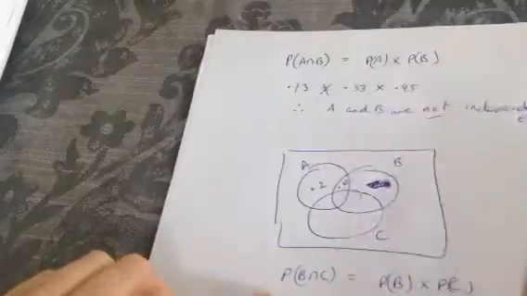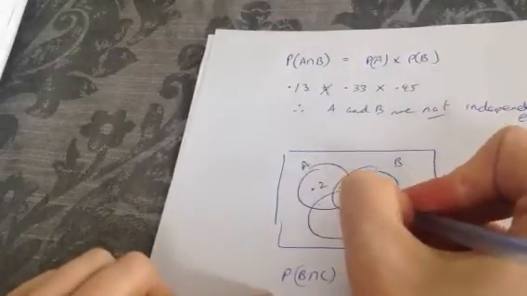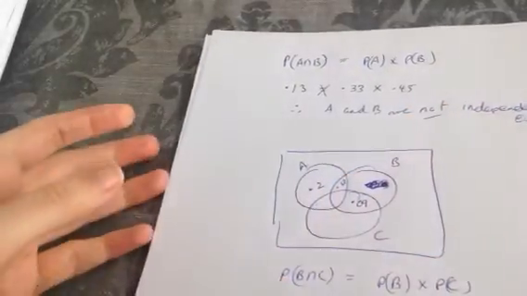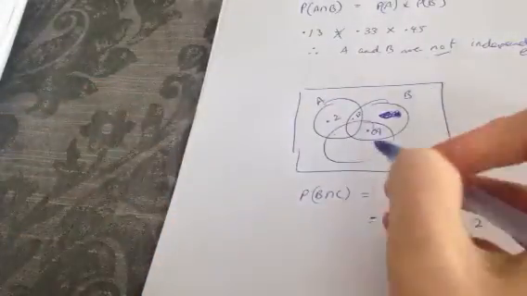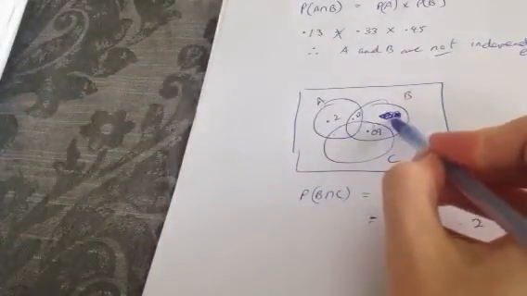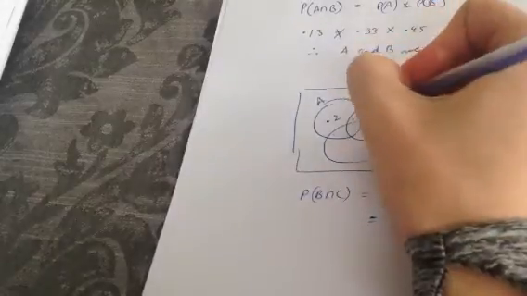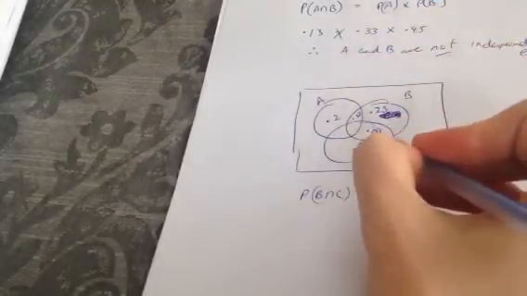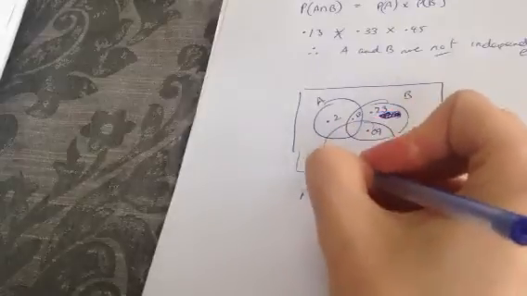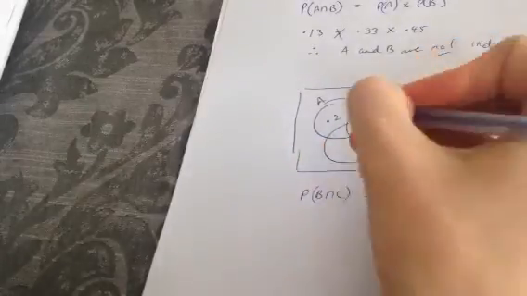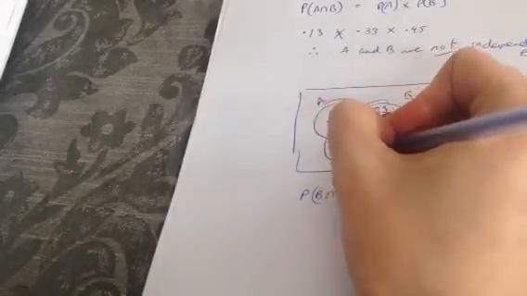Now I can put the 0.09 in here. That means that instead of the 0.32 up here, I now have 0.23. And here, all of this is 0.2, so I'm left with 0.11.